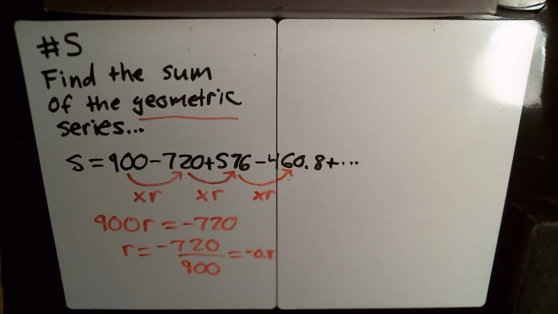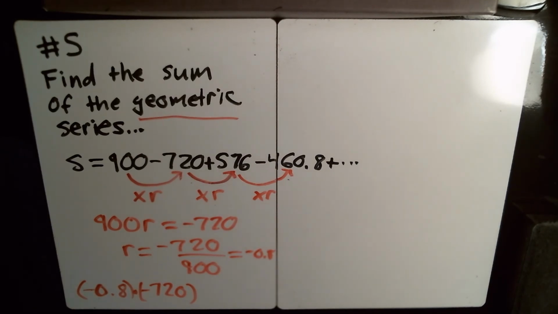So we were able to find what that common ratio was just by dividing this term by that term, right? And if we did the same, if we times negative 0.8 times negative 720, I bet you will get 576.